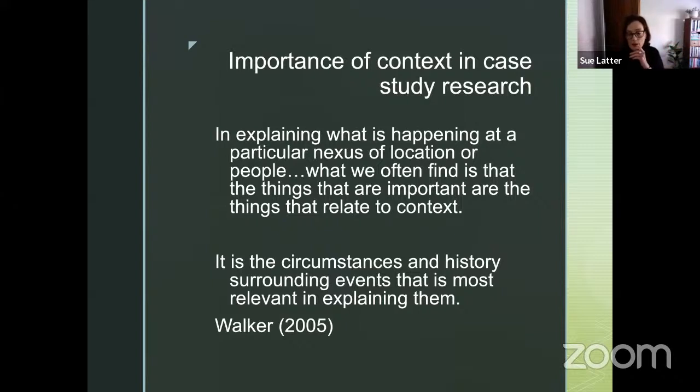So, for example, I've got a PhD student at the moment, he's a paramedic, and he's looking at how paramedic prescribing has been implemented in emergency and urgent care settings. And he has two case studies. So one is an A&E ED department, and he's using multiple methods to understand. He's used observation, he's used informal interviews with the paramedics that he's been observing.